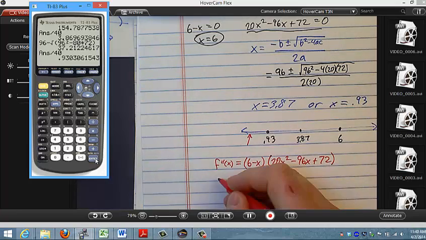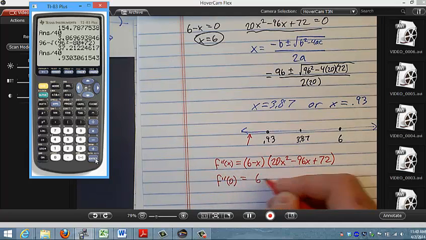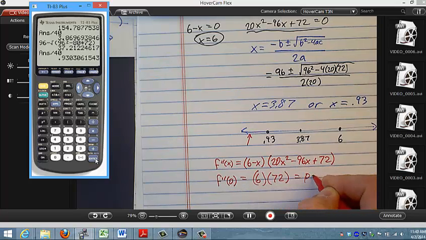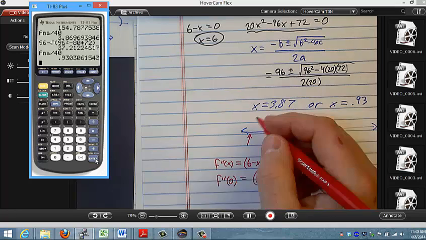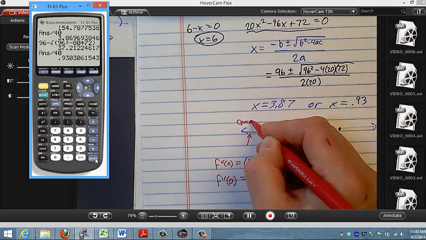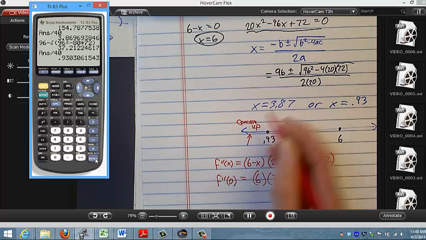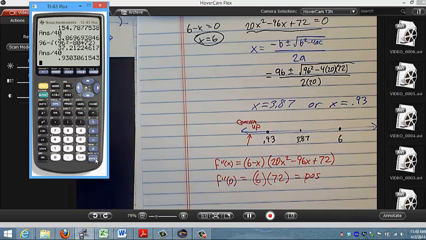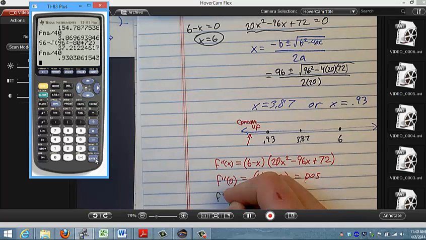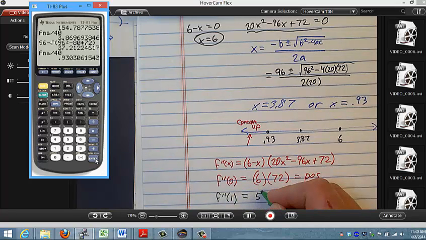And now what I do is I do f double prime of 0, let's say. And I get 6 times 72 is positive. So over here we are concave what? Up. And as Mike Glaus pointed out, f double prime of 1 is going to be negative, because it's 6 minus 1, times something negative.